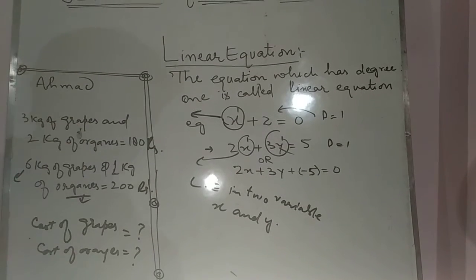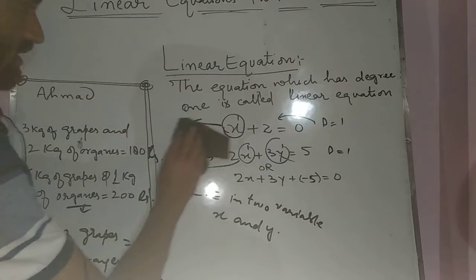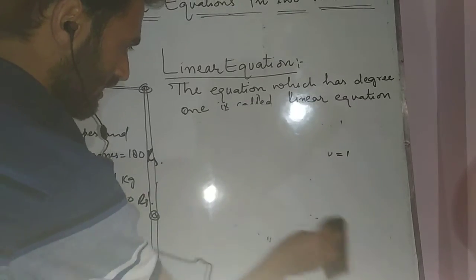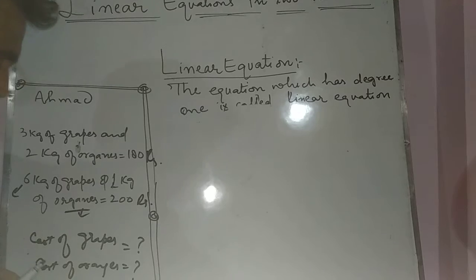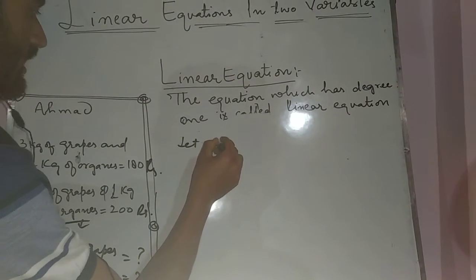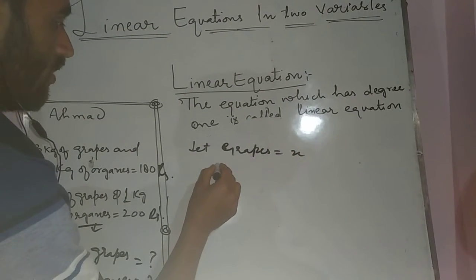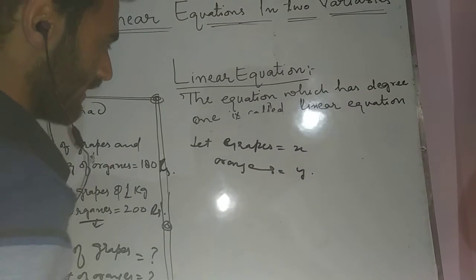I will denote the grapes with x and the oranges as y, and I will form these two linear equations. Let's suppose the grapes be x and oranges be represented by y.